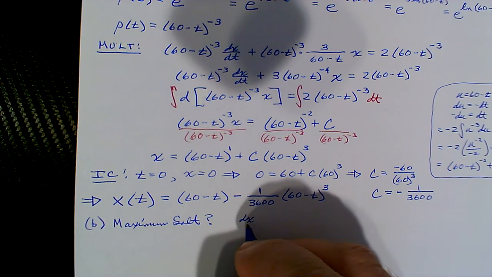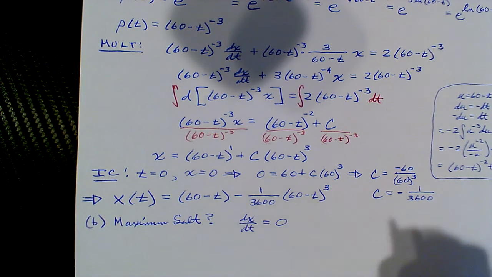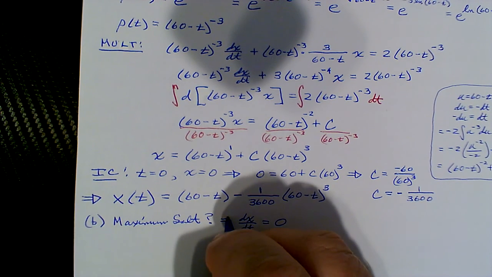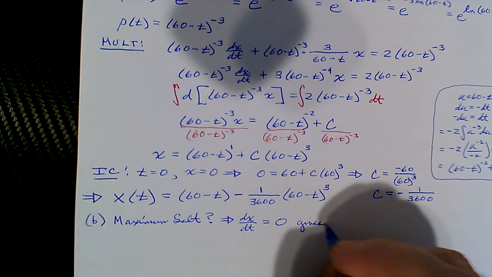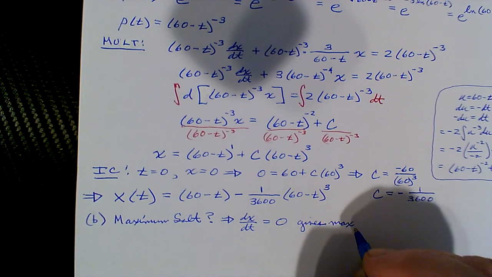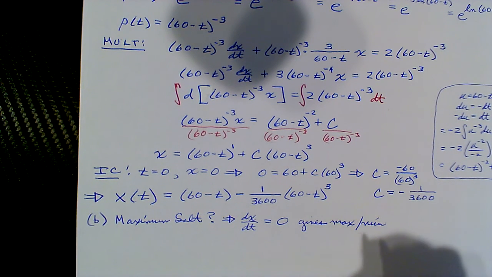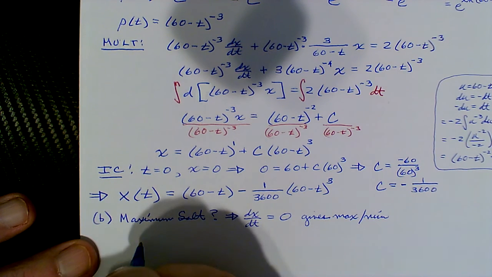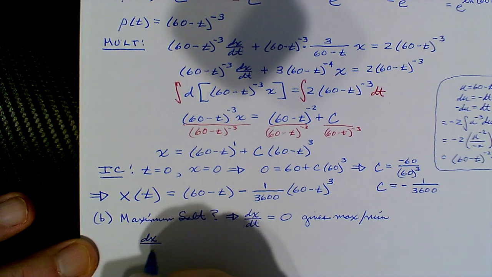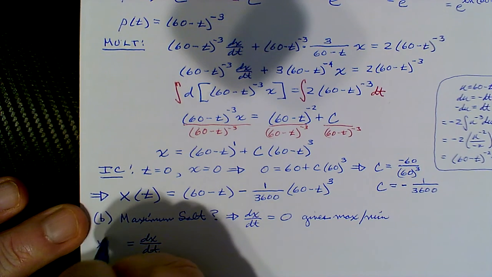So therefore dx/dt we're going to set to 0. We'll give the max or the min. So dx/dt is just the derivative, so this is x prime of t.